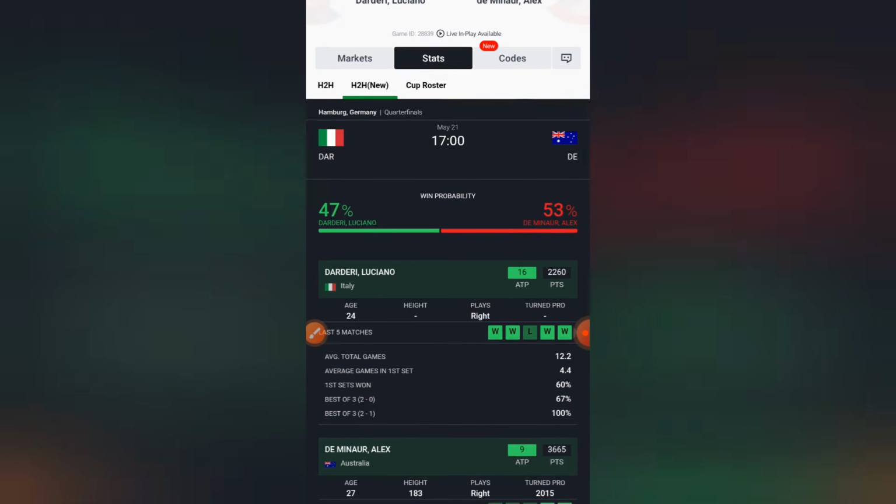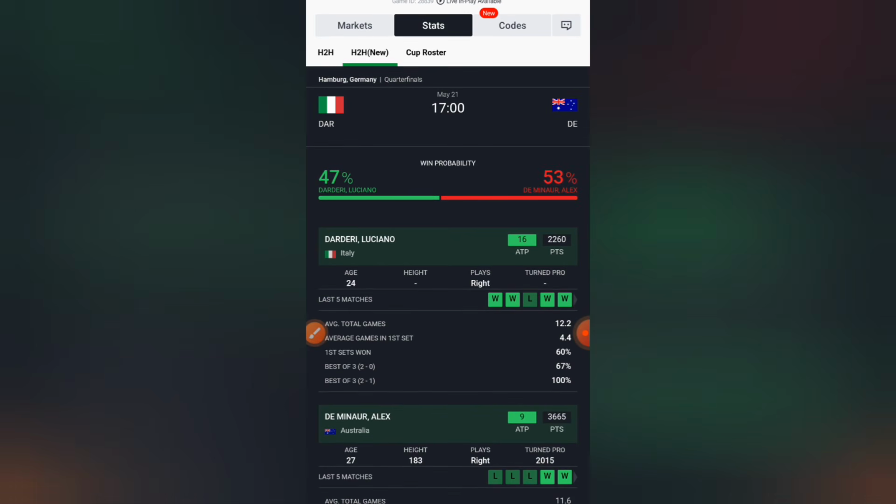If you see, for example, the ATP ranking of the home player, Luciano, is 16, and the ranking of the away player, Alex, is 9. Although from 9 to 16 there is a difference of 7 ranking points between them, it is not something like a ranking between number 9 and number 50.